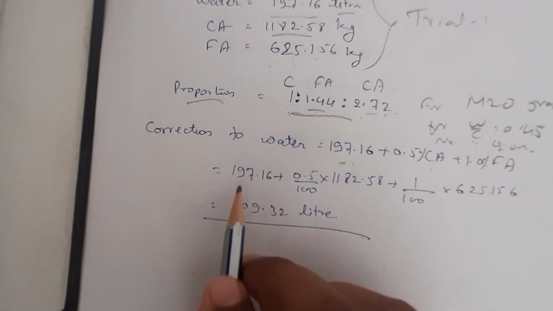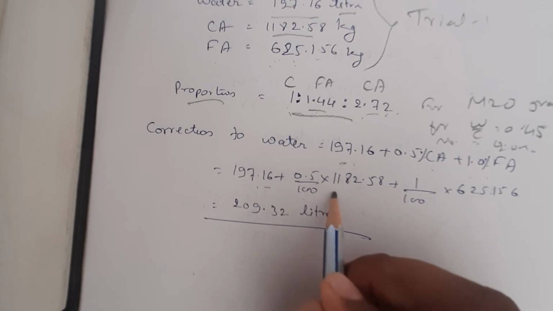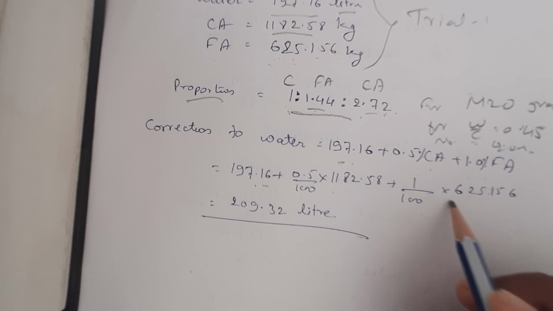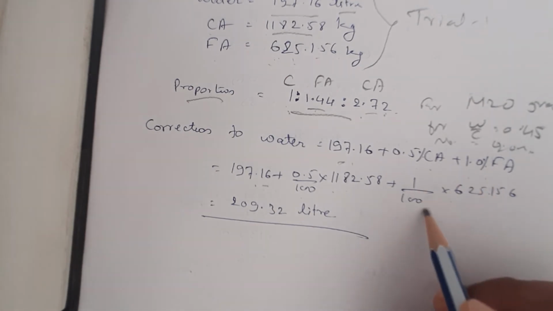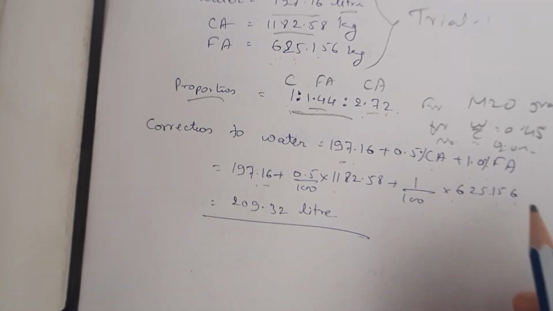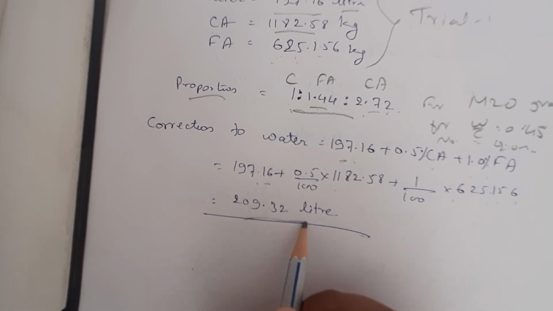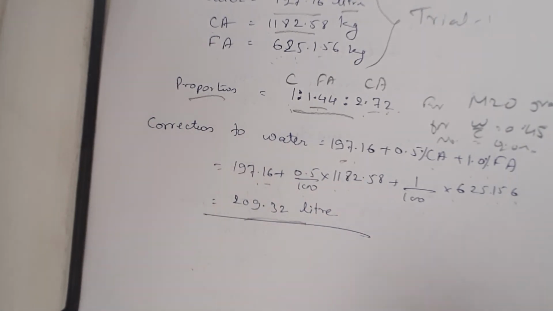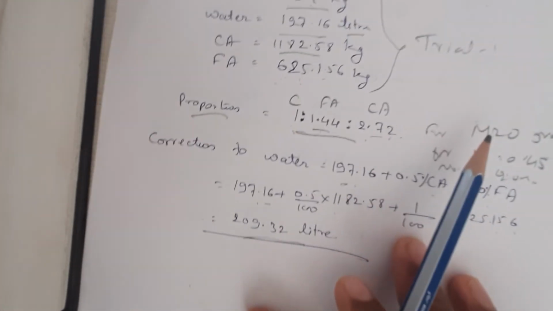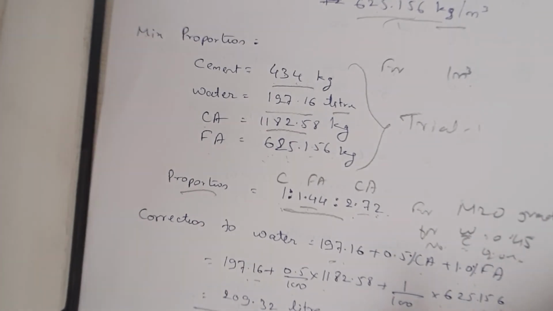So in that case, 197.16 plus 0.5 by 100 into 1182.58 plus 1 by 100 into 625.156 will be my total amount of water required. So this is how we calculate the different quantities of fine aggregate, coarse aggregate, cement and water required as per the mix proportions.